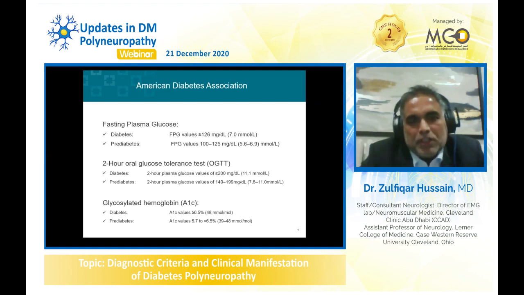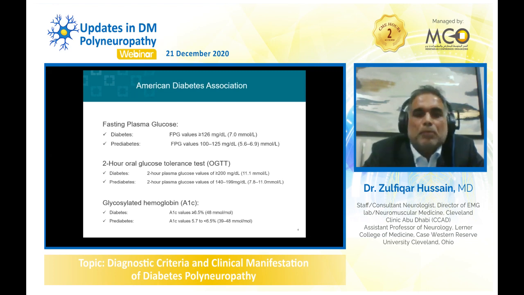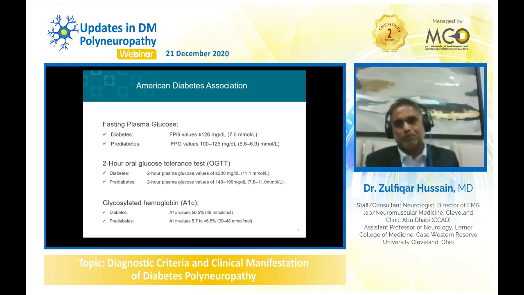The American Diabetes Association's definition for pre-diabetes includes a fasting plasma glucose from 100 to 125. The types of diabetic neuropathy include radiculoplexus neuropathy and treatment-induced neuropathy. Then there are the mononeuropathies, which include cranial and peripheral neuropathy.